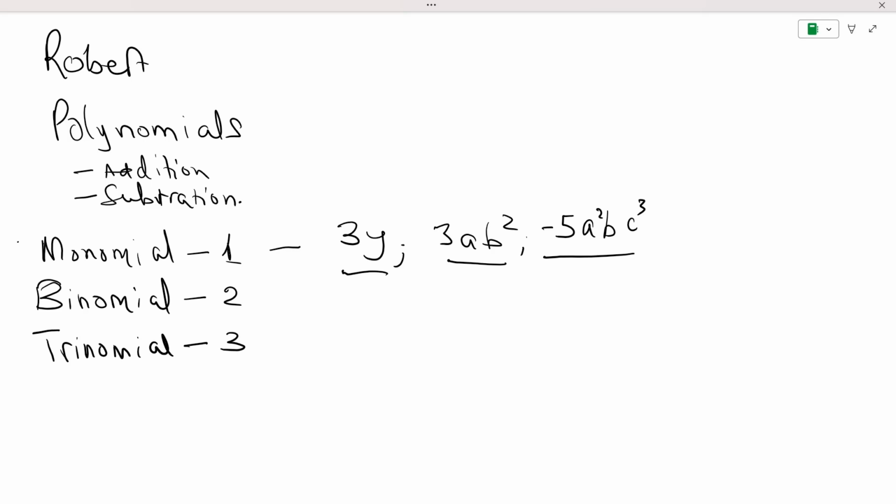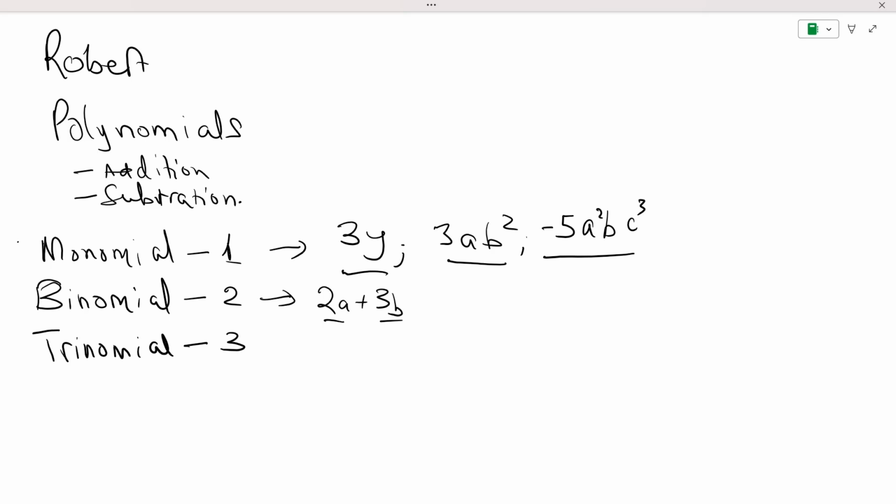Now, when it comes to a binomial, it has two terms, and those terms could be either added or subtracted. For example, we could have something like 2a plus 3b. These are two terms, but they're being added together. This qualifies as a binomial.